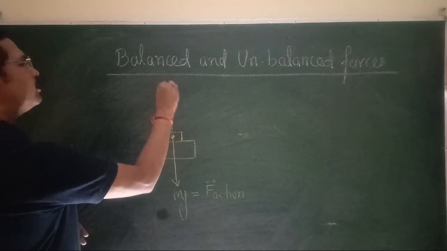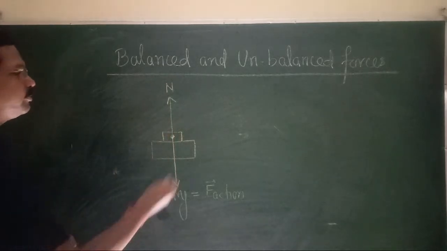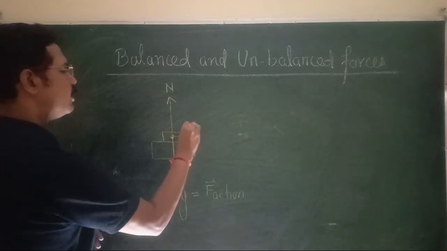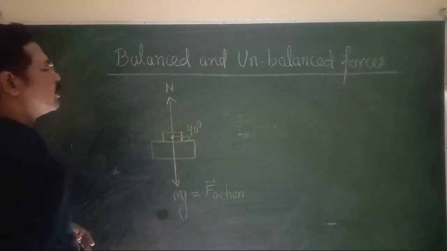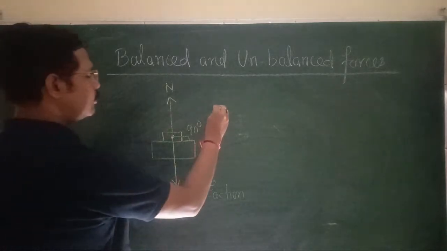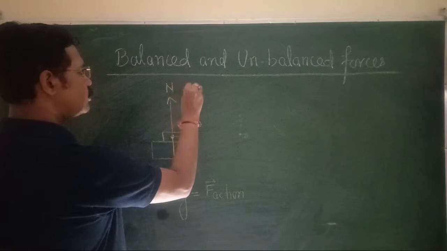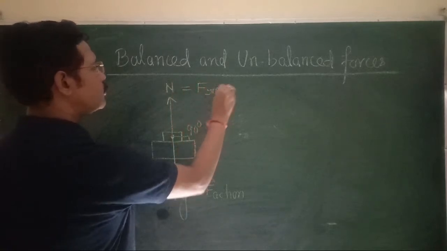I am writing here N, normal reaction. What angle does it make from the surface, from the hand? It makes a 90 degree angle. So this is the force of reaction.